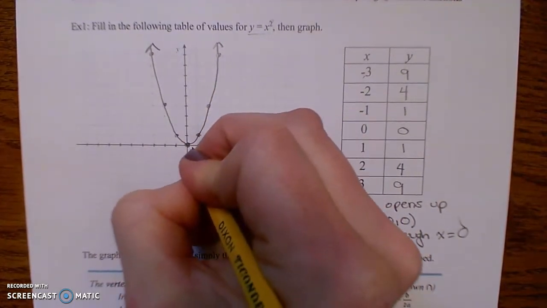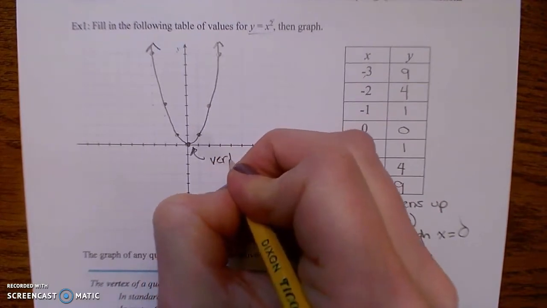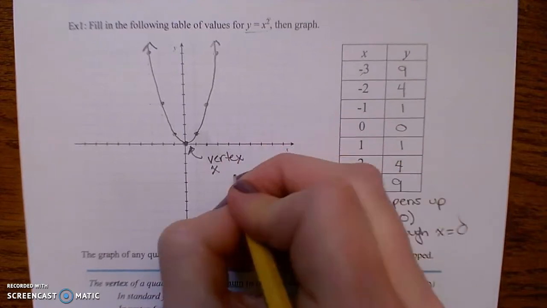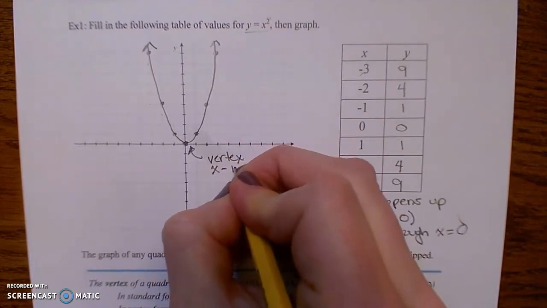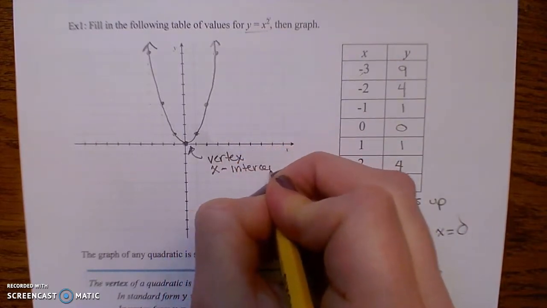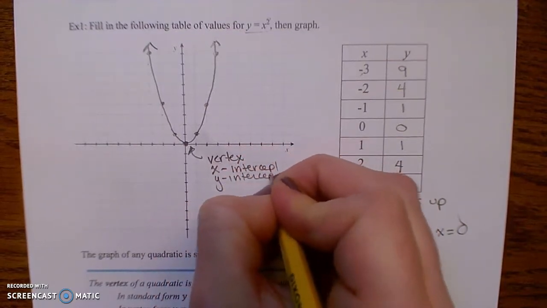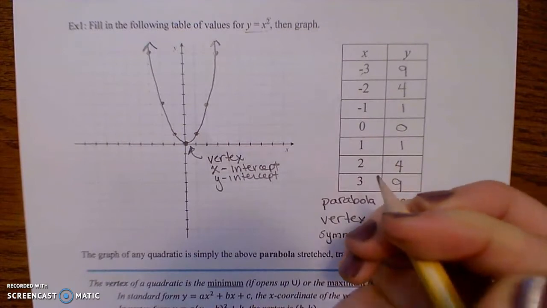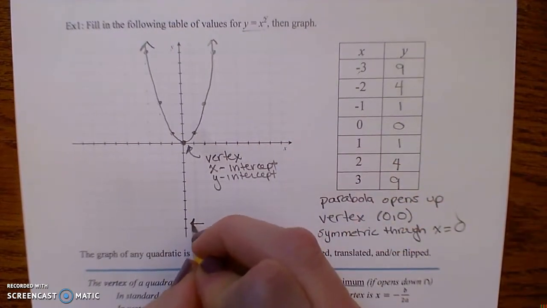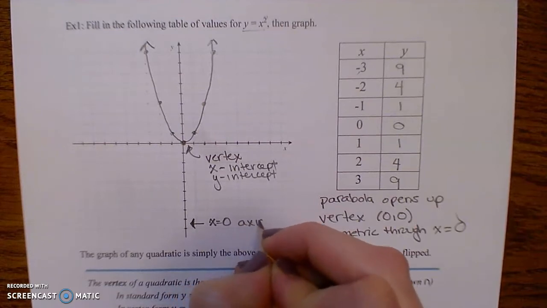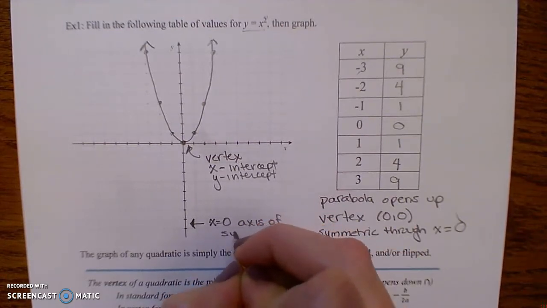So let's go ahead and draw those things in. Here's my vertex. In this case, it's the one x-intercept, and it's also the y-intercept. And this axis right here, x equals 0, is the axis of symmetry.